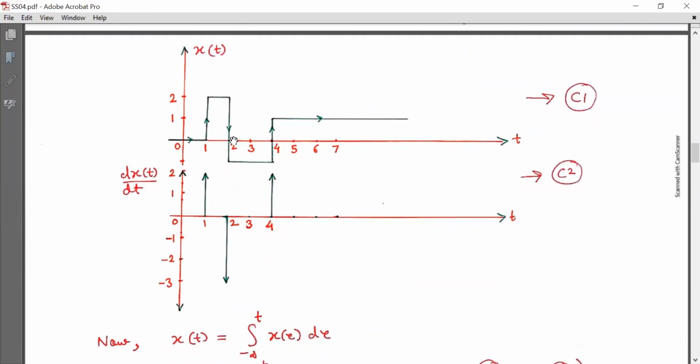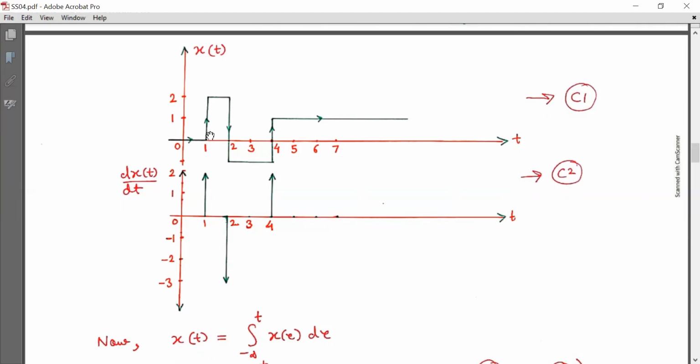Now this is the waveform x(t) plotted as C1. Now look at this. x(t) is maintaining 0 level up to t equal to 1, and then its amplitude changes to 2 suddenly, and at t equal to 2, its amplitude goes down to minus 1, and like this. Now I have differentiated x(t), that is dx(t) by dt.